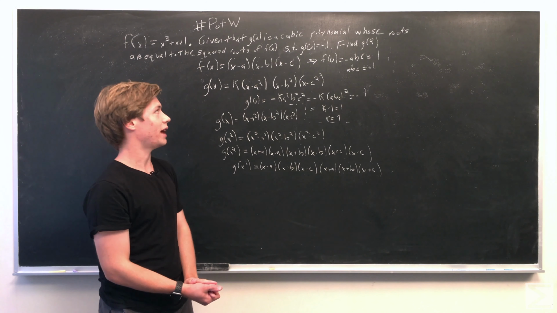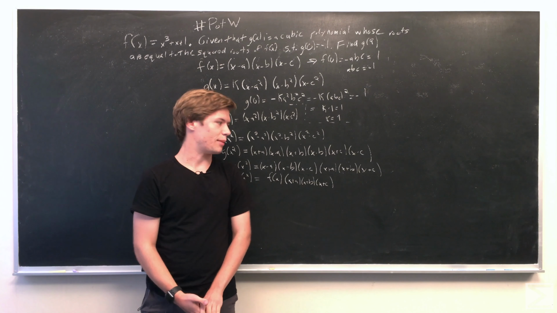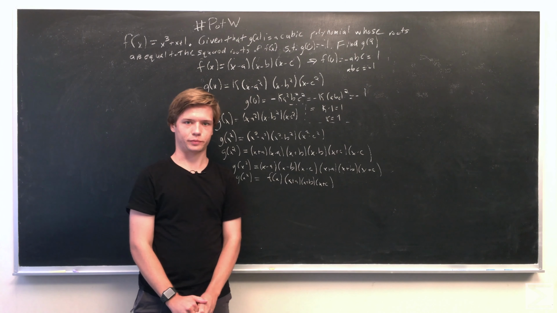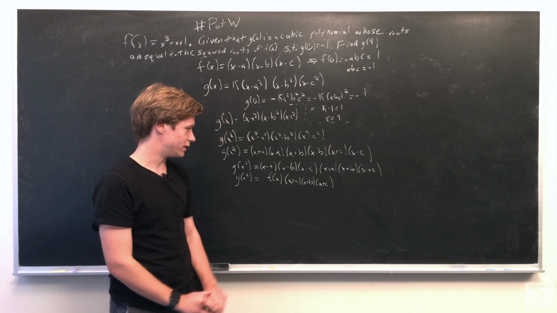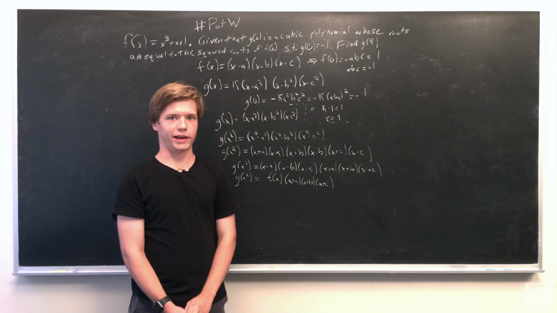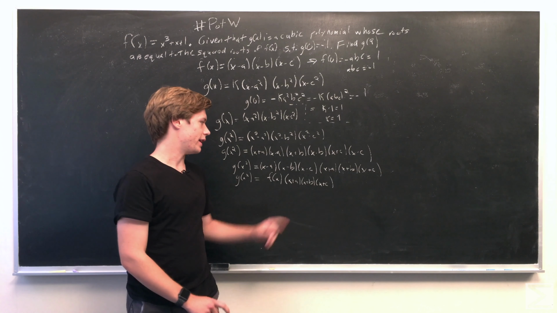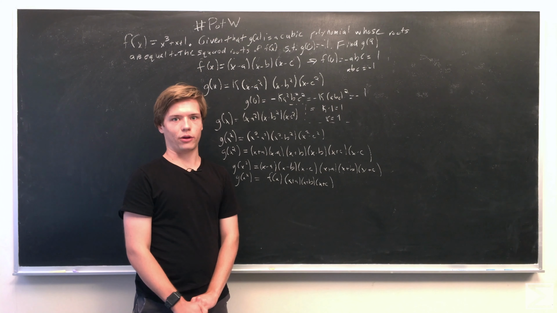And now we're left with g of x squared equal to f of x times x plus a times x plus b times x plus c. So we want to get this into the form minus a, minus b, minus c for all these. The way to do that is to take a negative out of each of them.